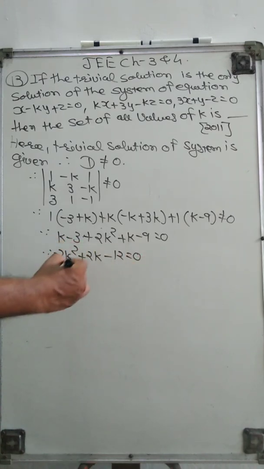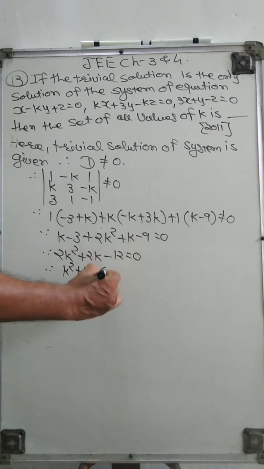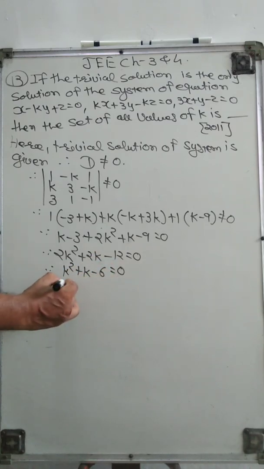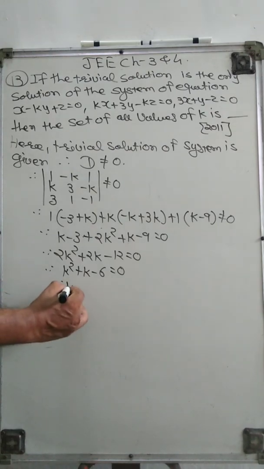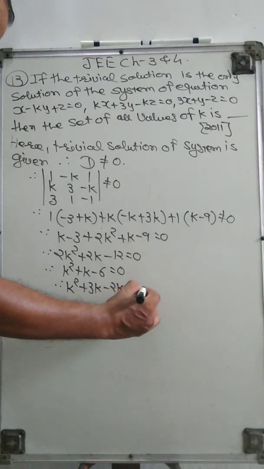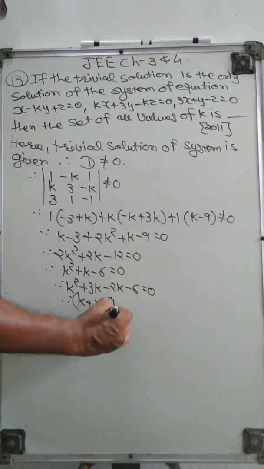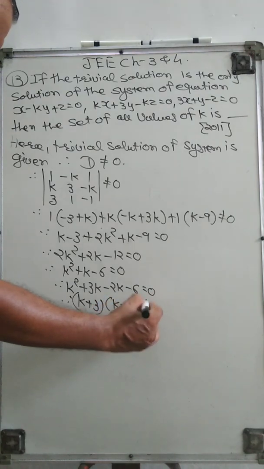2 is common, so k square plus k minus 6 is equal to 0. Therefore 3 and 2: k square plus 3k minus 2k minus 6 is 0. So k plus 3 and k minus 2 is not equal to 0.